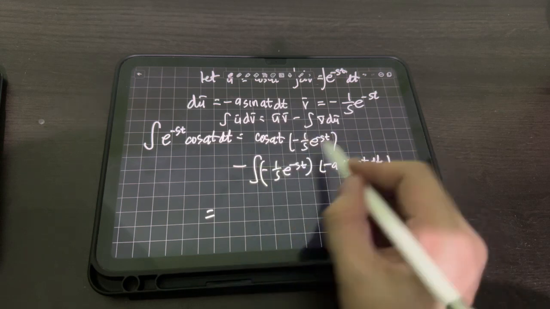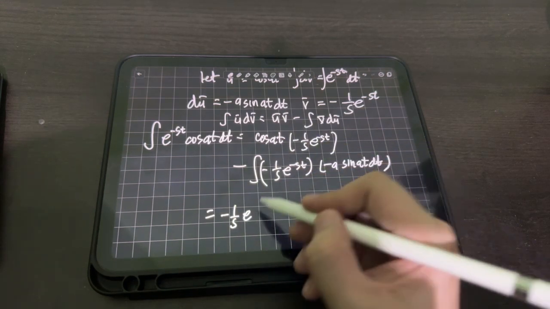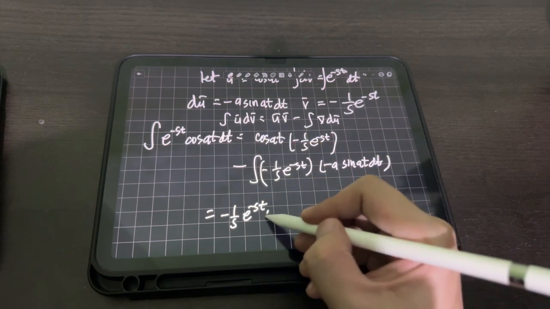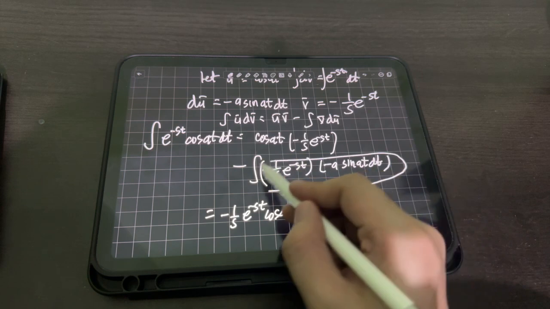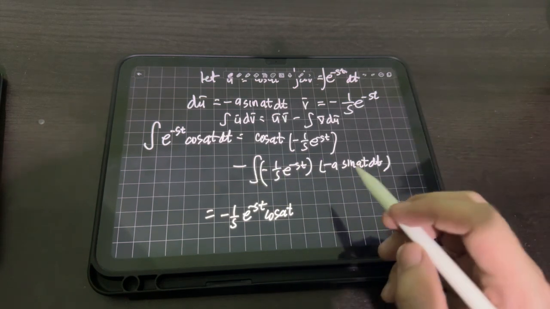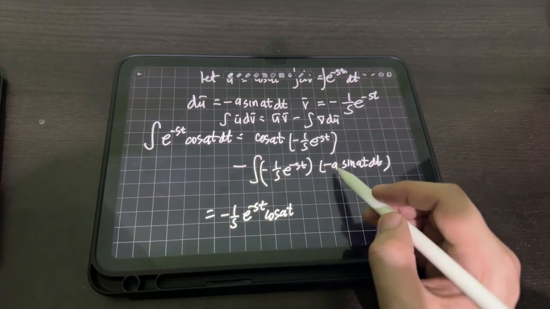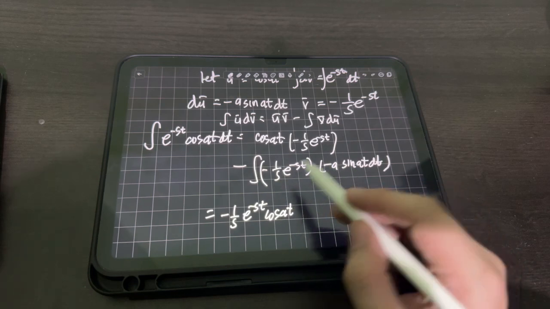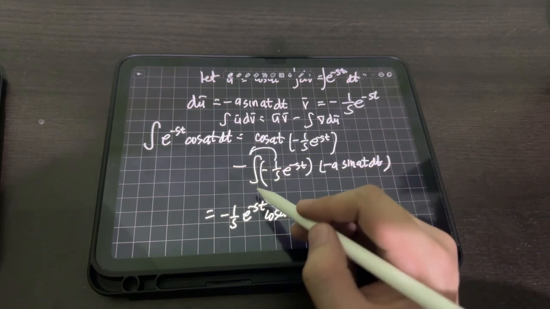So rewriting this as negative 1 over s e to the negative st cosine at. Then again, we put the constant in front of the integral. The constant term here is negative 1 over s times negative a, so that's positive a over s. You put it in front of the integral.